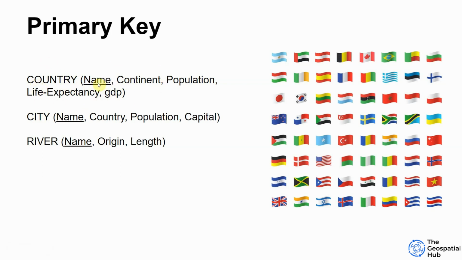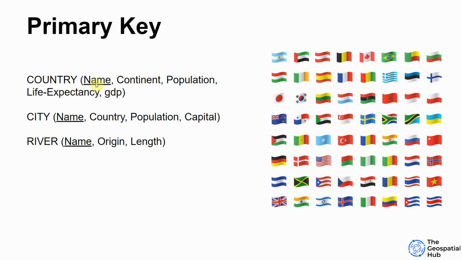And now the item underlined is the primary key. These are unique identifiers for this particular table. For primary keys, we cannot have two values being the same thing. So the only way we can identify, for example, a country: different countries might be in the same continent, but different countries can never have the same name, right?